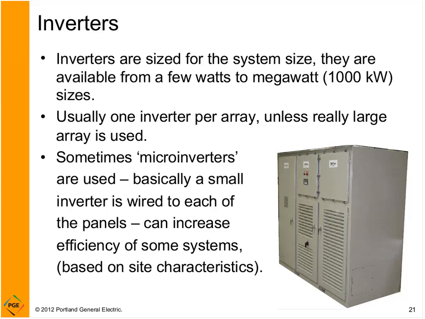I should mention here this term, microinverters. There is a technology out there that uses lots and lots of small inverters. Basically, you take an inverter and match each panel up to its own inverter. That means that on the back of each panel, you're producing AC power, so that when you wire these panels together, you're wiring AC power instead of DC power the way you would with a regular inverter.